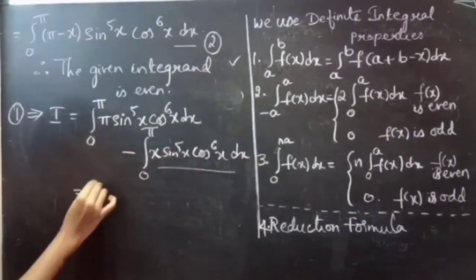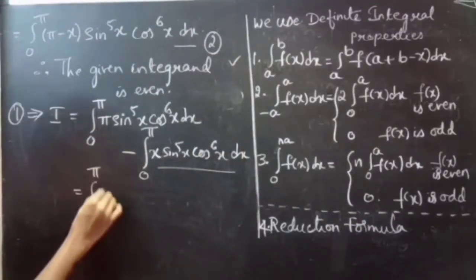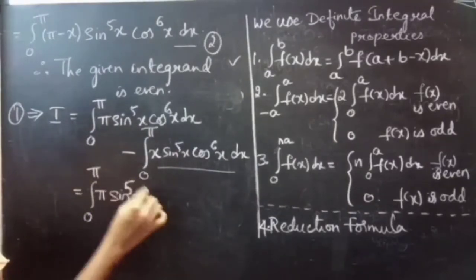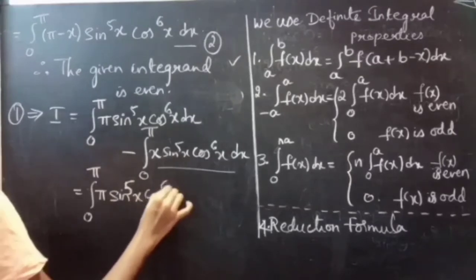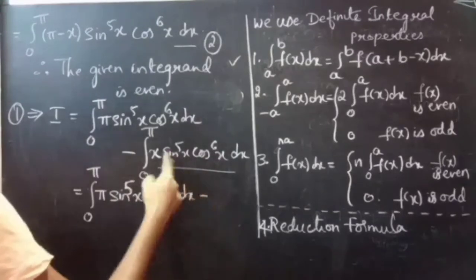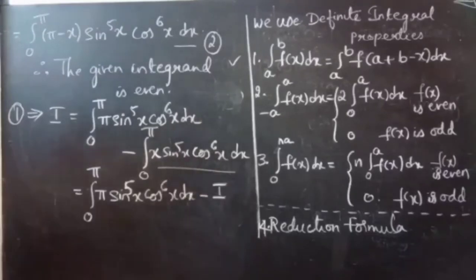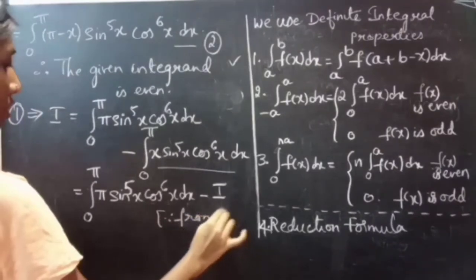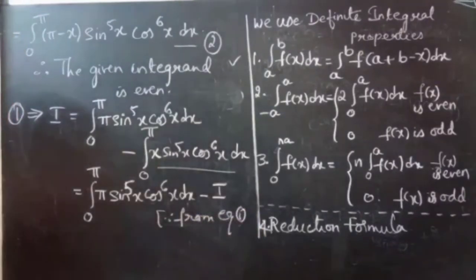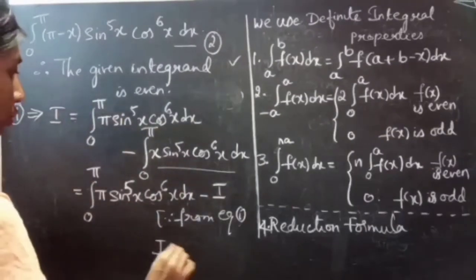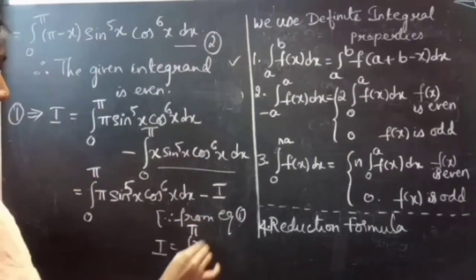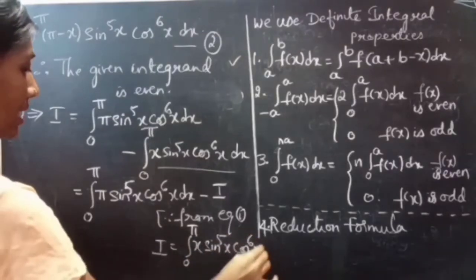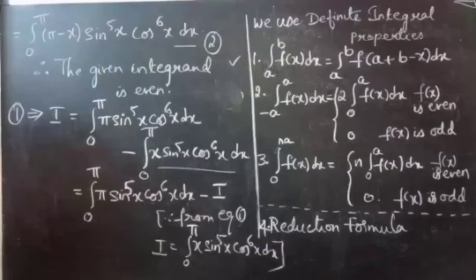So this equals integral from 0 to pi pi into sine power 5x into cos power 6x dx minus, this is your I from equation 1. Since from equation 1, I equals integral from 0 to pi x into sine power 5x into cos power 6x into dx.